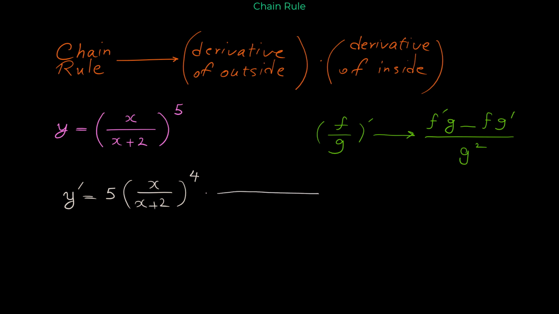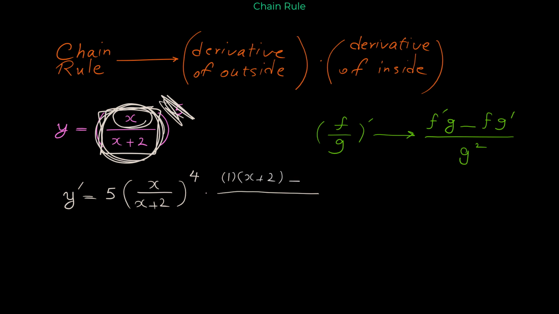Now we use this rule for finding the derivative of x over x plus 2. Based on the quotient rule, first we have to find the derivative of the numerator, the derivative of x. Attention, now our focus is on the inside. Forget the power here. The derivative of the numerator is 1, times the denominator, minus the top function times the derivative of the denominator.